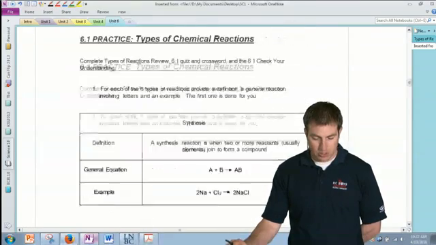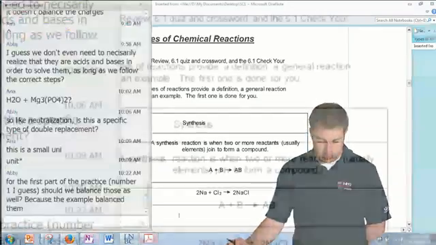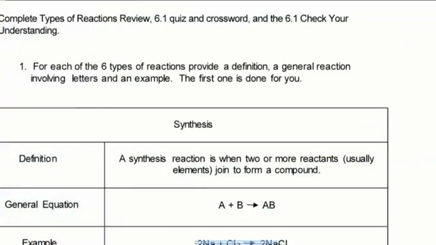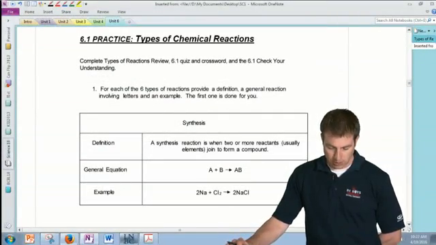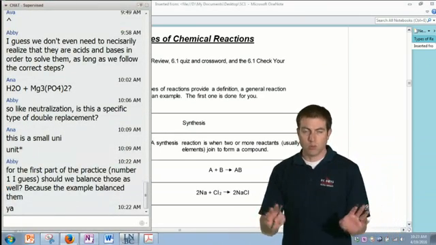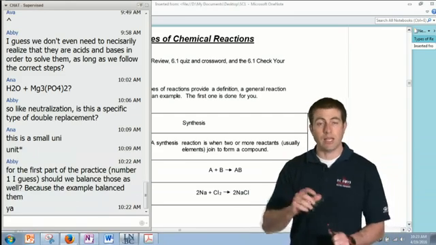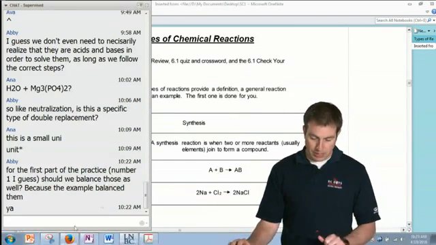For the first part, including the descriptions here, for question 1 out of 6.1, is that what you're talking about, Abby? I'm not concerned if the examples you use here are not balanced. That's fine. Don't worry about balancing question 1. But question 2, when it asks you to identify the type, and then it gives you little blanks to balance it, please balance those.